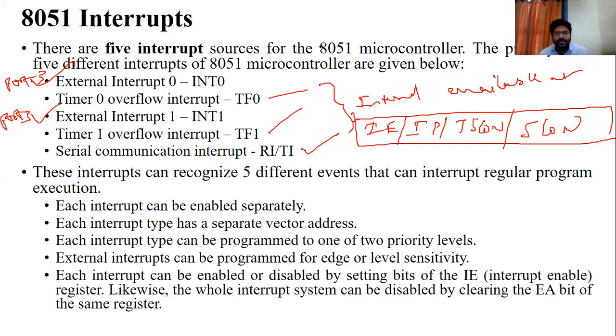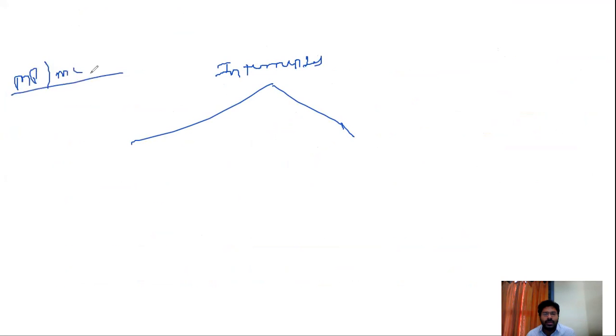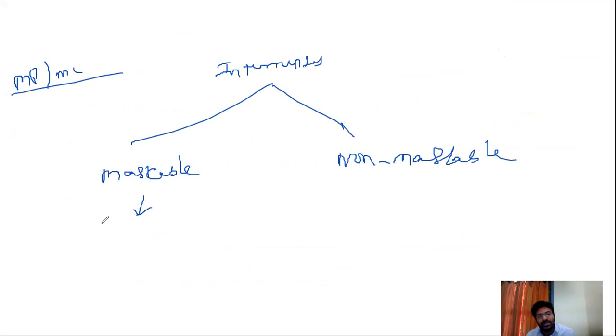Interrupts are of two categories for any type of microprocessor or microcontroller: maskable and non-maskable. Maskable means you can change the functionality of the interrupts.